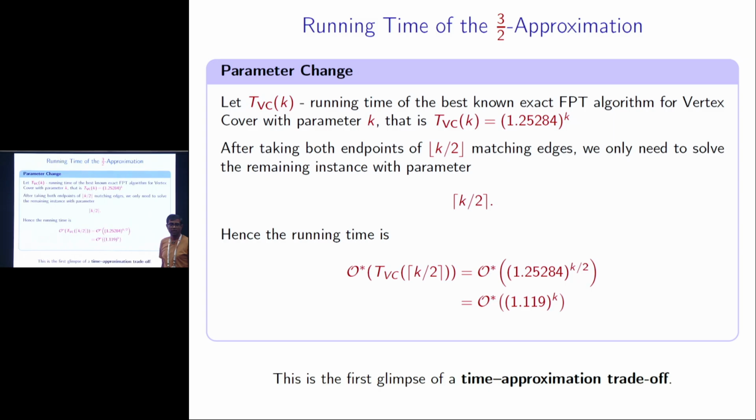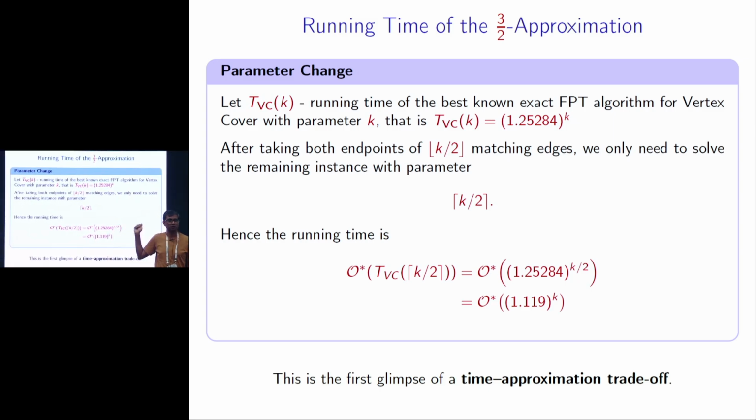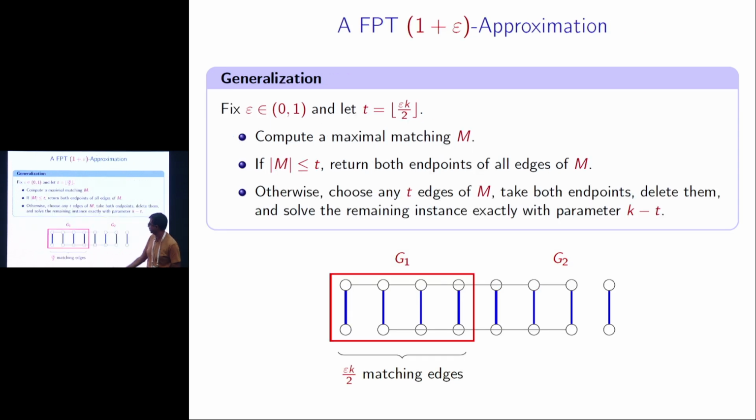Okay? Now, there is no magic about 3k/2. I could have done this for any 1 plus epsilon approximation, because all I need to do is choose epsilon k/2 matching edges. Then I pay epsilon k here, and my parameter drops by (1 minus epsilon/2) times k.